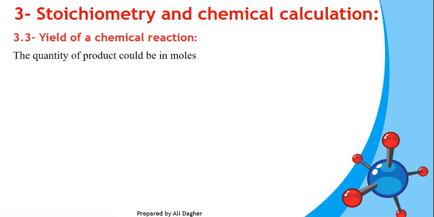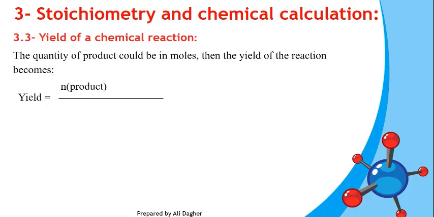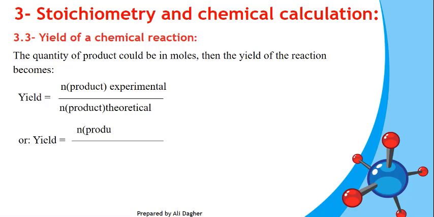The quantity of product could be in mole, then the yield of the reaction becomes: yield equals number of mole of product experimental over number of mole of product theoretical, or number of mole of product actual over expected number of mole of the product.